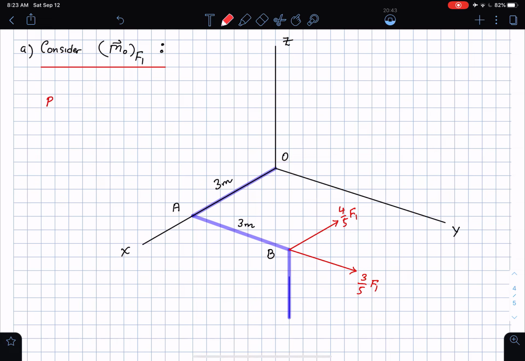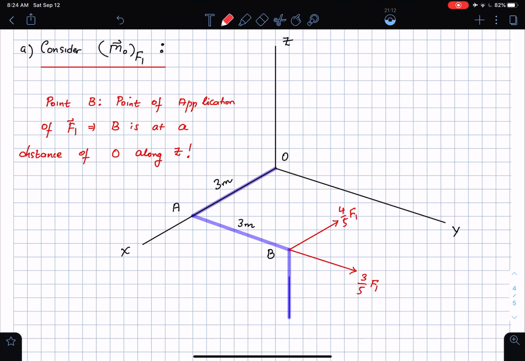So point B is the point of application of the force F1, which means that B is at a distance of 0 along the z-axis. Okay, so it's a point on the xy plane.